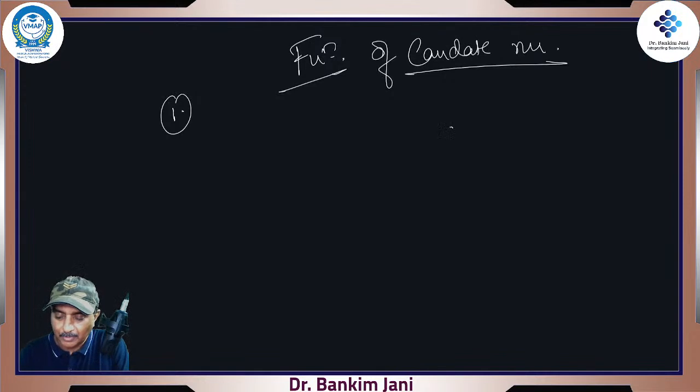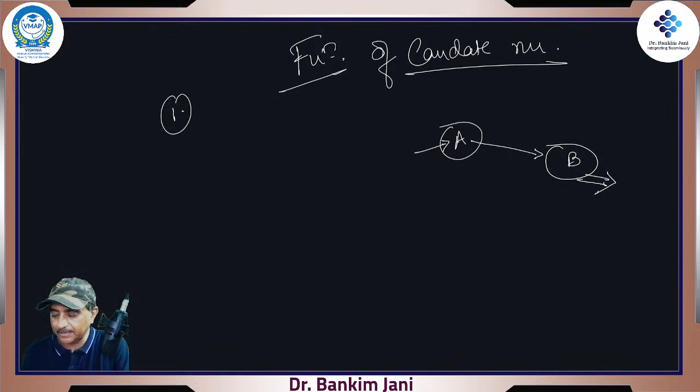There are certain parts of the brain, let's say this is A, this is B. B is very interested in sending the impulses and work, but it is under constant control of A. That means A is constantly sending inhibitory signals to B: don't work, remain silent.